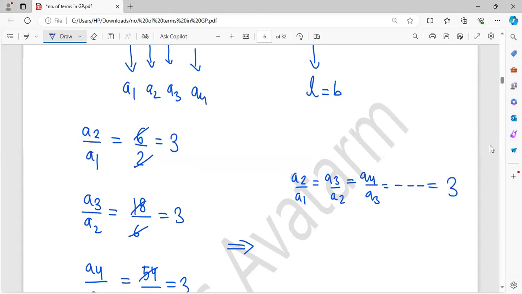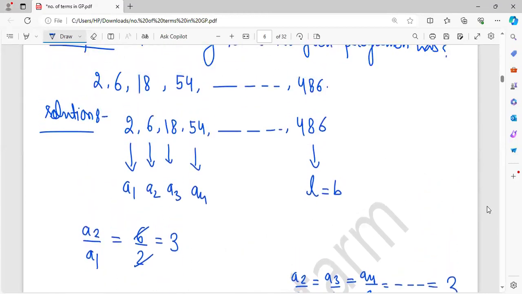So this implies this is a GP, because this progression has a common ratio, that is 3. So this is a finite GP.